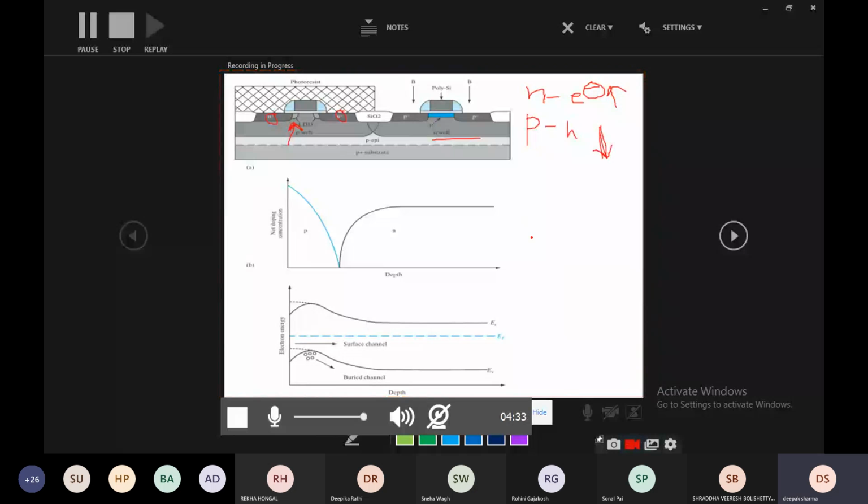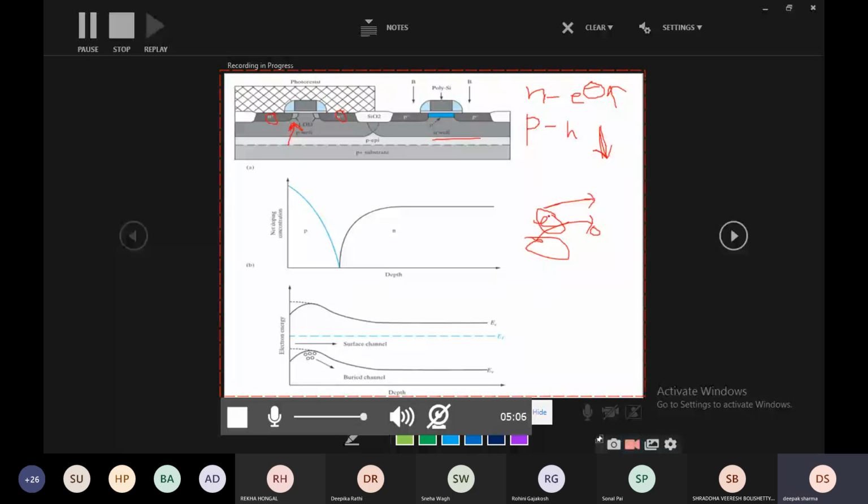Why? Because whenever an electron moves, only then is a hole generated there, right? So if this electron is moving in this direction, after the electron has moved, a hole is generated, right? So the first initiation is by the electron only. If the electron doesn't move, then there is no hole. Therefore, we assume that the mobility of the electron is high compared to the mobility of the holes, right?